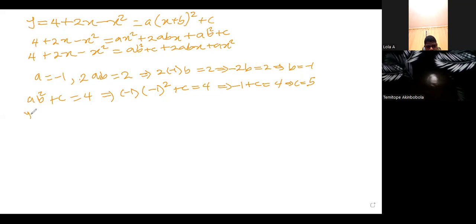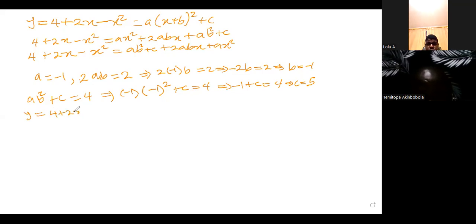We have obtained the values for a, b, and c, which you can now write as y = 4 + 2x - x² equal to a, which is -1, into (x + b), b is also -1, squared, plus c, which is 5.